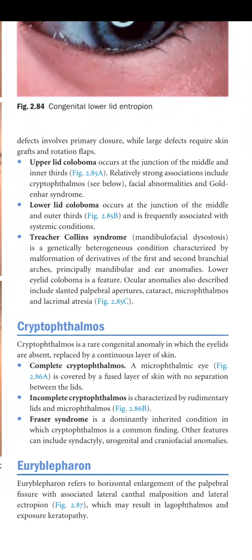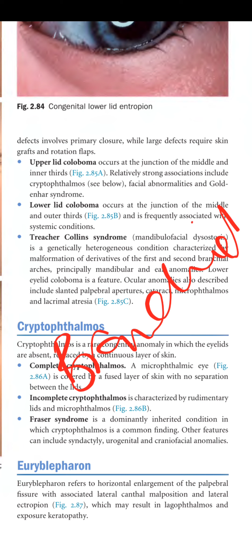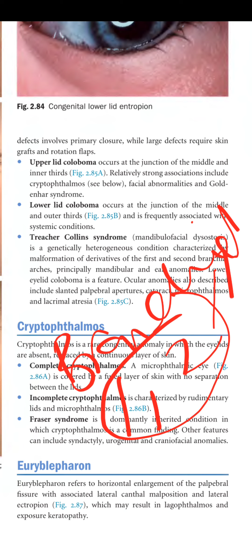So basically, in Treacher Collins syndrome, there are several branchial arches, which relates to embryology, and the first and the second branchial arch are malformed, and basically it includes mandibular and ear anomalies.